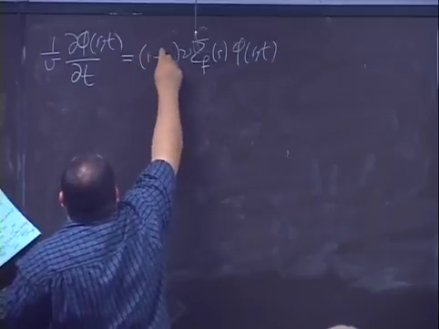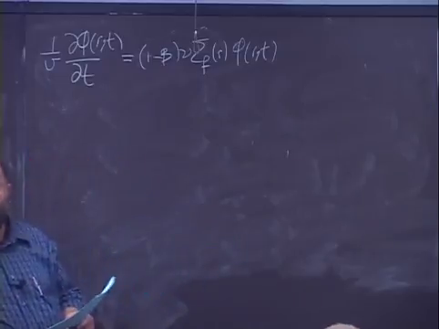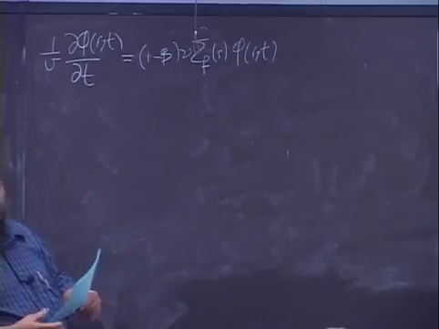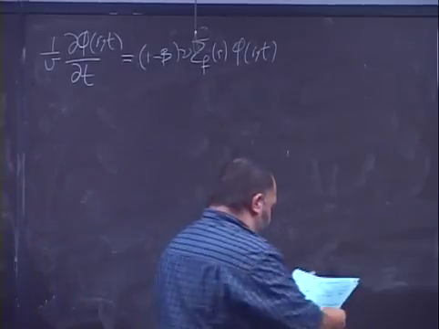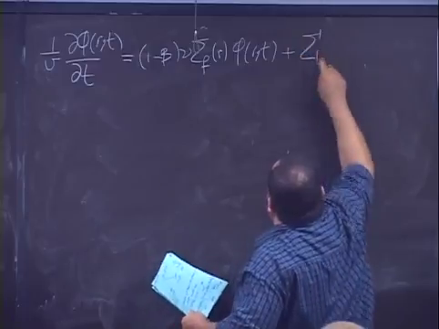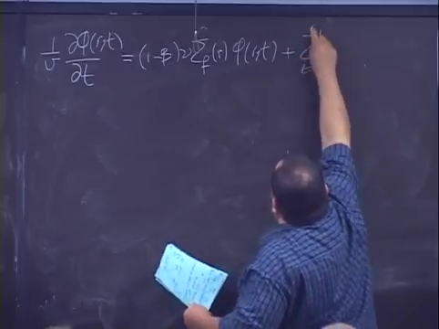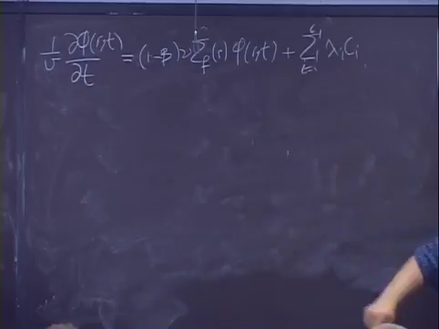Nu. But now, I have to do what? To differentiate that I have a prompt source and a delayed source. So this is what source? This is the prompt. Then what's the delayed source? It's coming from the decay of the delayed neutrons. Yes?